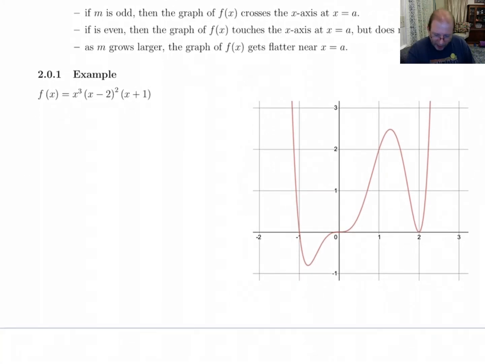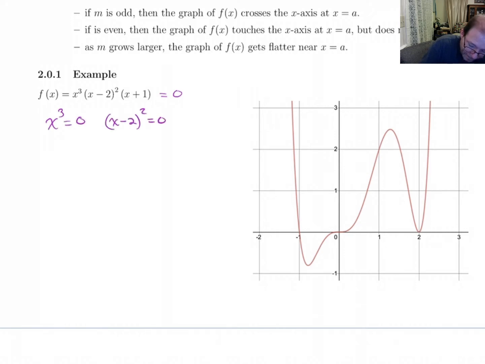Well, we're given the graph, but the way you'd find the zeros is you'd set the polynomial equal to 0 and solve. Now, since this one's already factored for us, it's really easy. We can just set each one of these bits equal to 0. When I say it's easy, I mean we don't have to do the factoring ourselves. We still have to do the rest of the work.